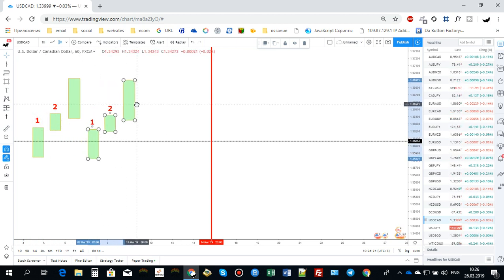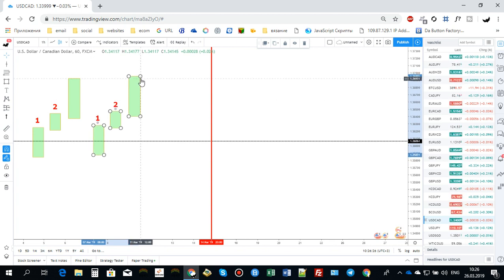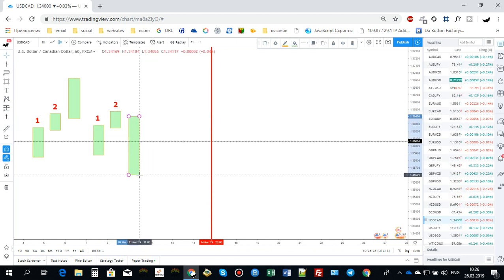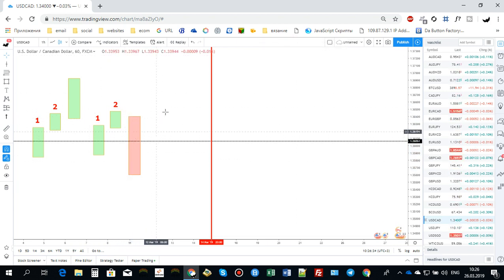Let me move it. And in this case it is called a false breakout, because we don't have a continuation to the upside. But before we say that it is a false breakout, we should have a valid breakout. Valid breakout that meets two criteria, then it turns either to a true breakout or a false breakout.